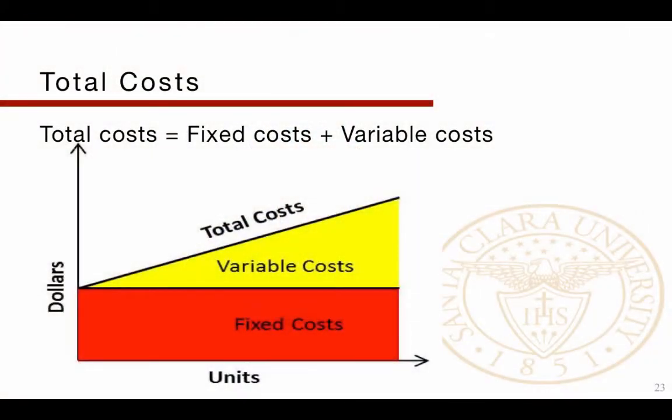So in other words, the raw materials, the product installation, the sales commissions, those go up directly with the number of units sold. So when we see this on a graph, the reason that's important is your total costs are going to be, of course, your fixed costs plus your variable costs. And as you can see here, the fixed costs stay about the same as more and more units are sold, but your total costs go up according to the number of units sold.